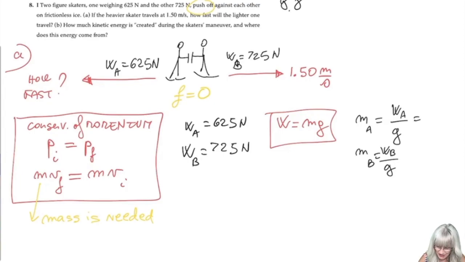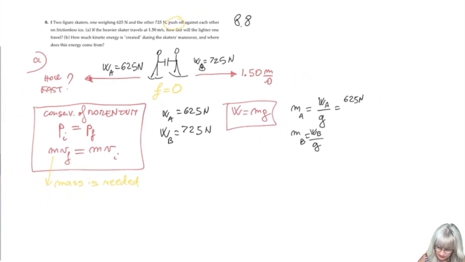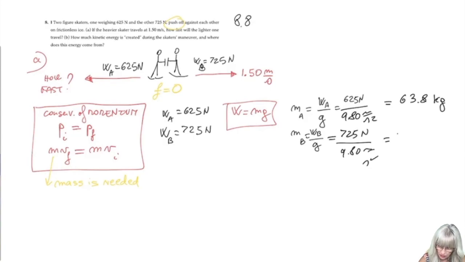All right, let's plug in. And weight of B is 725 Newton divided by the same quantity. So this one is 63.8 kilograms and the other one is 74 kilograms.